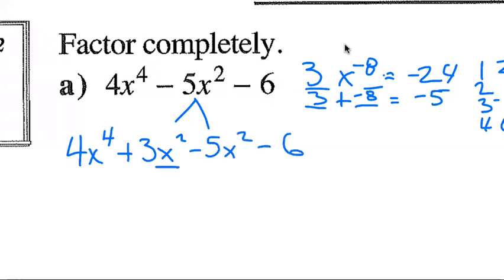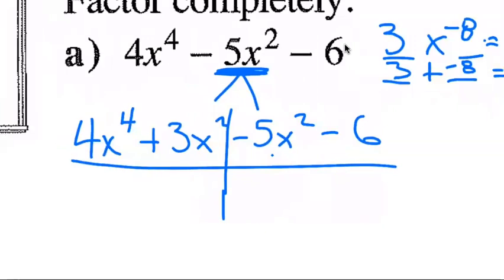Remember, these terms have to be exactly the same. They're like terms to get back to this original. Factoring by decomposition, my next step is a t. There's my t. Greatest common factor of 4x to the 4th and 3x squared is going to be x squared.